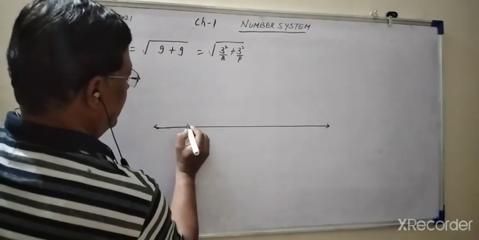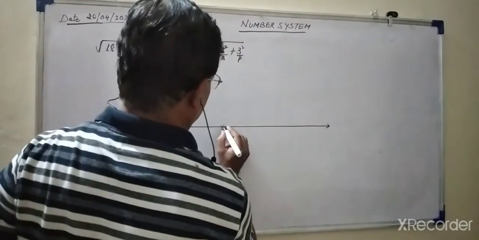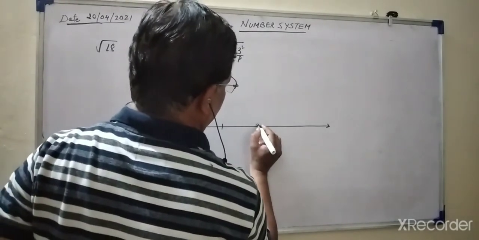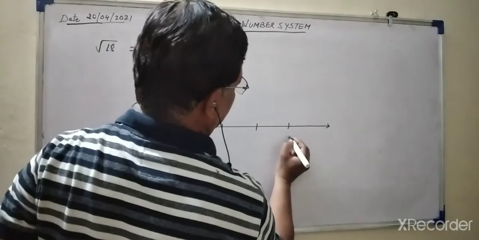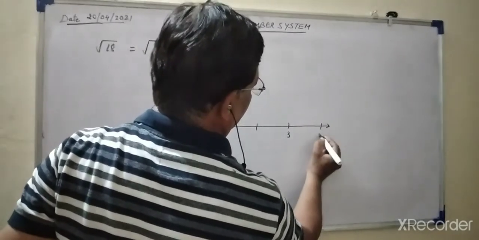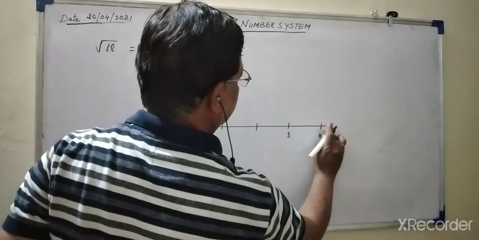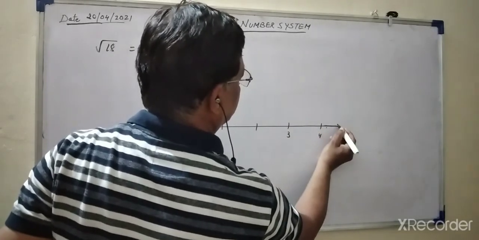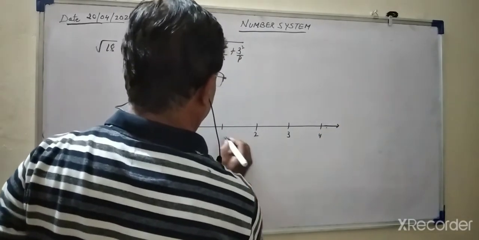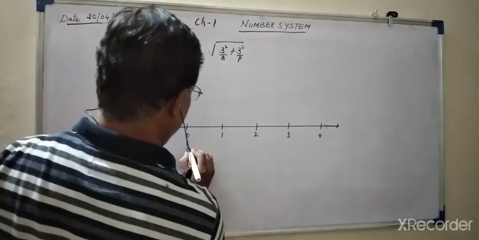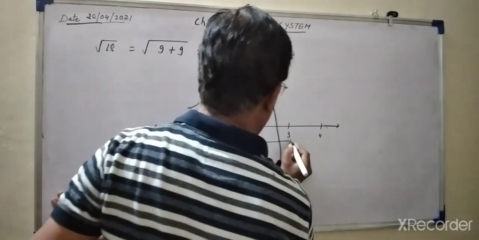Here is 0, then equally 1 unit, 2 units, 3 units and 4 units. So our base is 3 units. This is the base.